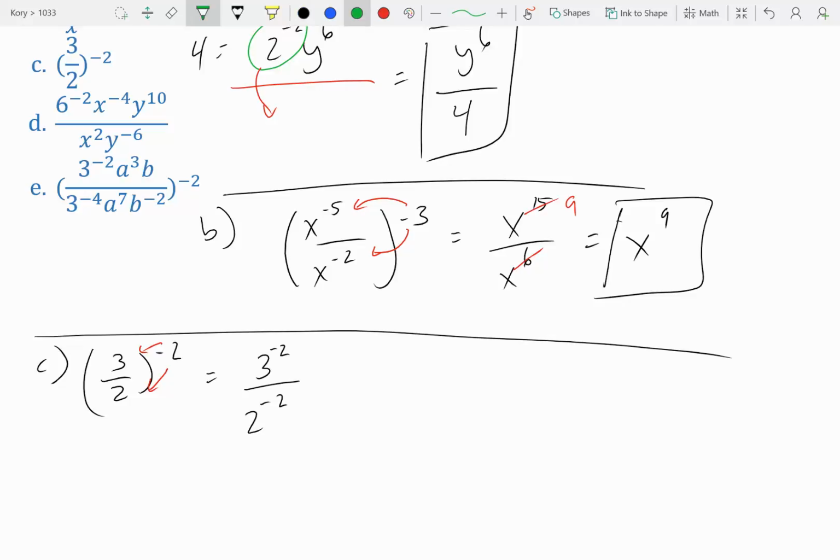And since they're both negative, we're going to flip them. So we have 2 to the power of 2 over 3 to the power of 2. And we can simplify that to 4 over 9.